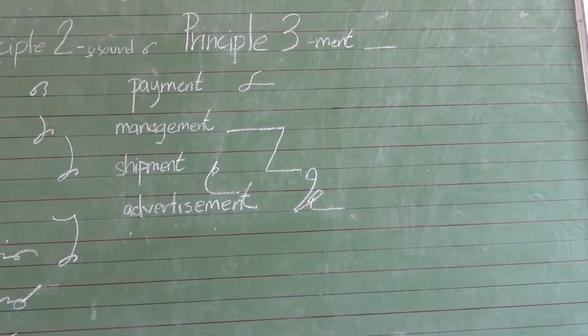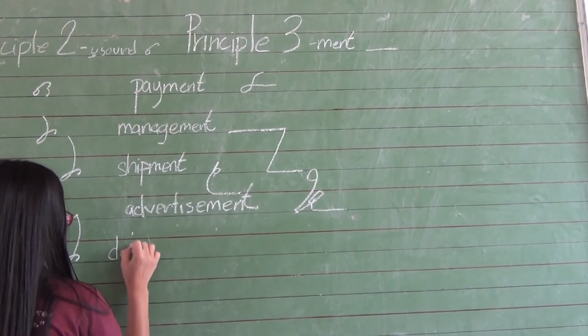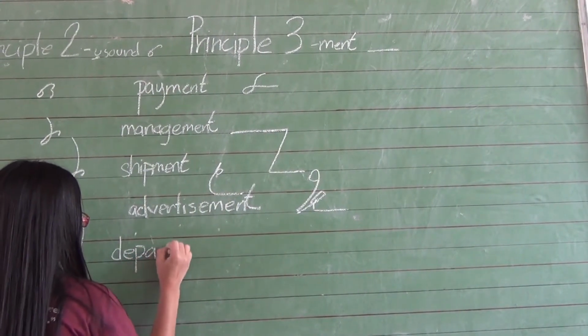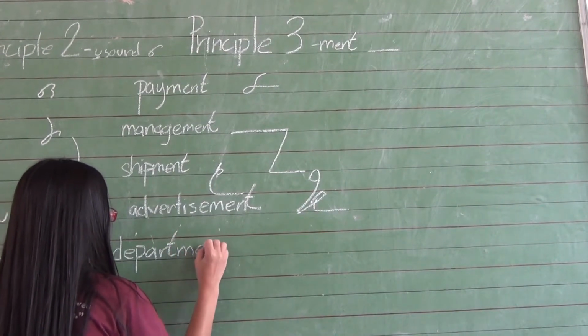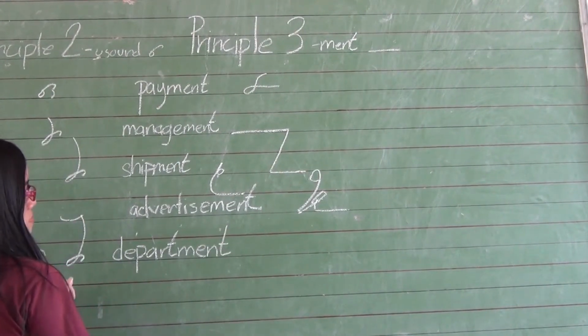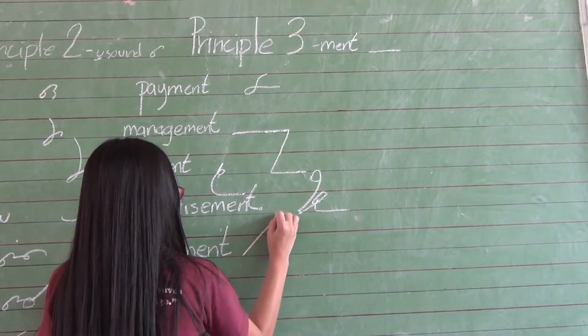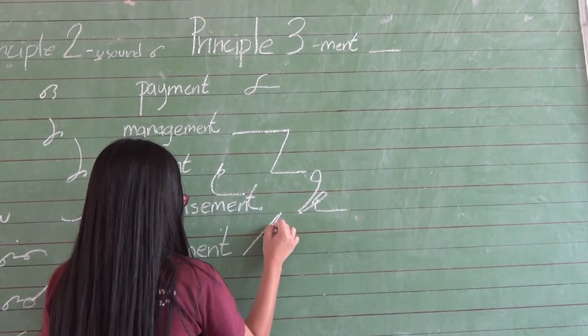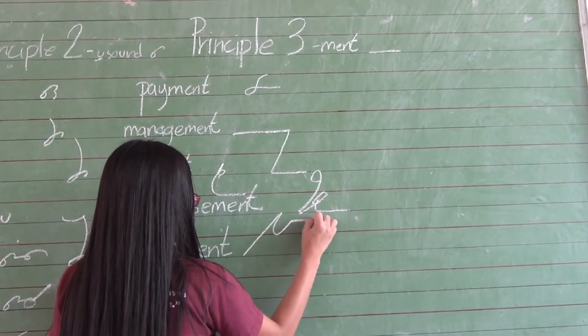Next is department. It is represented by D stroke, P, T stroke, and M stroke.